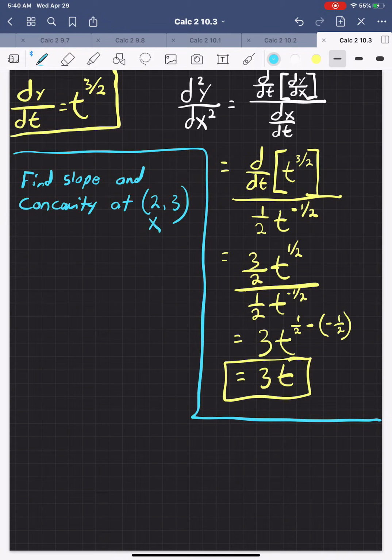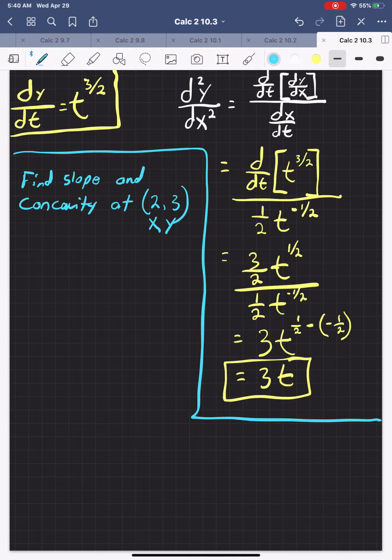The point they give you is an xy point. So here's my first derivative, here's my second derivative. Do you see that the first derivative and the second derivative are functions of t? So I don't know what to plug in for t, but I can find what to plug in for t from this point.